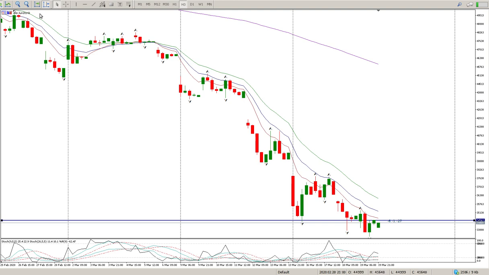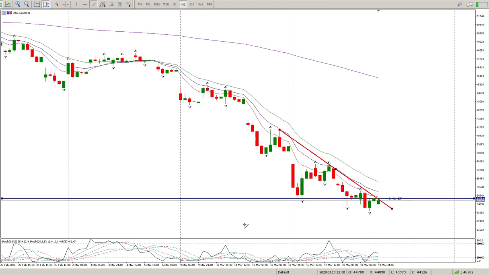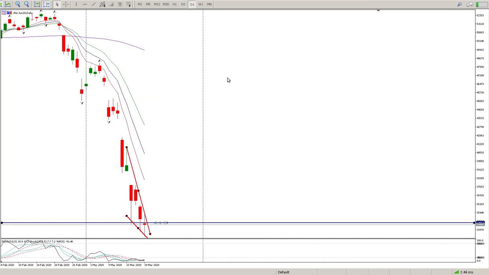If I look at the Dow Jones, it has broken through a wedge. The Aussie wedge is still intact. There it is there. I'm off a level. We had some divergences. I don't think we've got divergences on the daily with this one.